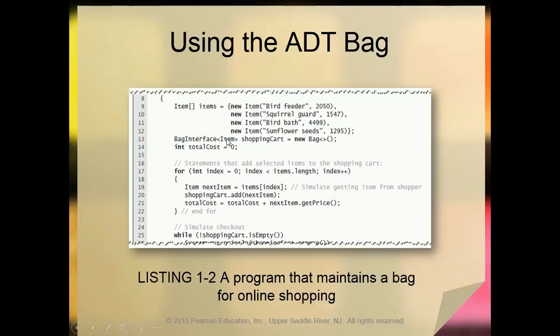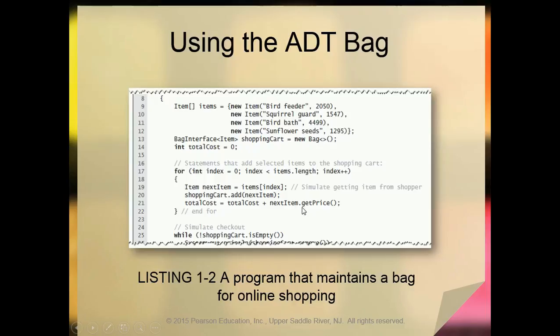The items are placed into this bag object. Then there's the total cost. What's going on in this for loop? It looks like an iterator. It iterates through the array of items, takes each item, and stuffs it into the shopping cart bag.